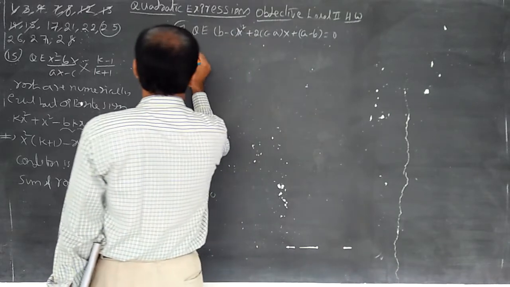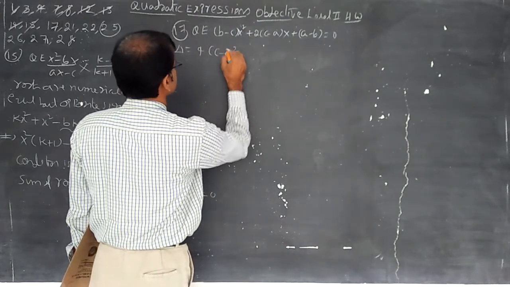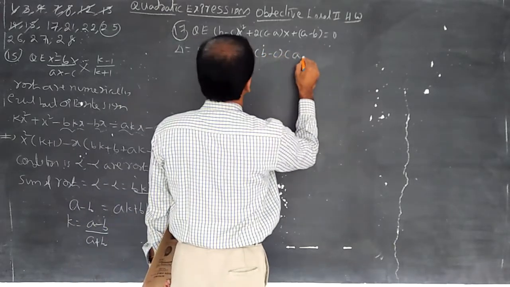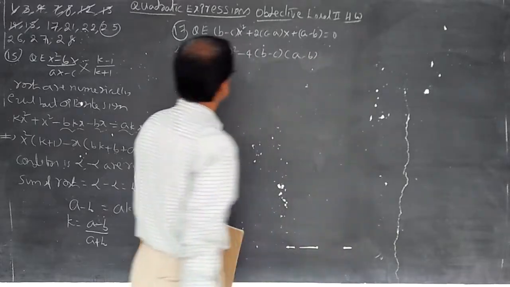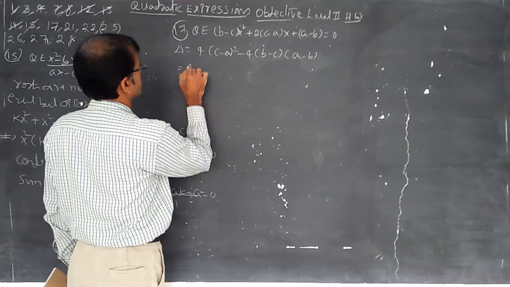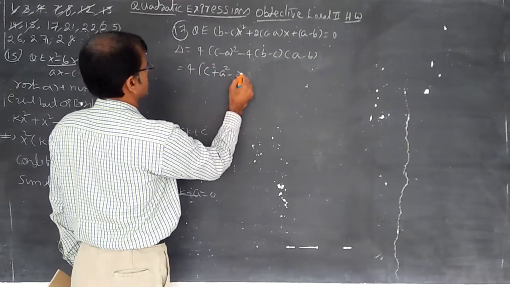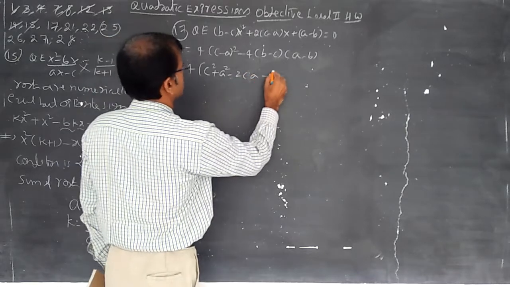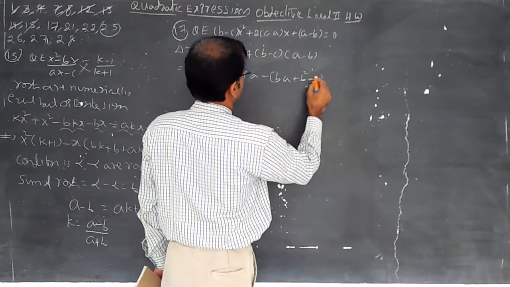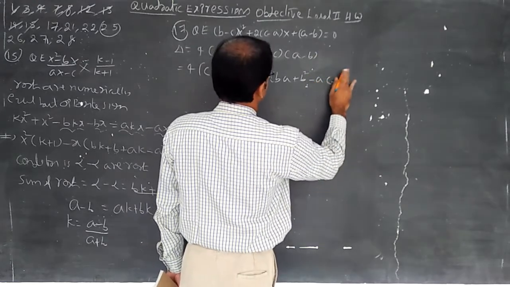So we can discuss using the discriminant: 4 into (c minus a) whole square minus 4 into (b minus c) into (a minus b). So let us take common: c square plus a square minus 2ca minus of this, b square minus ac minus ab plus bc.